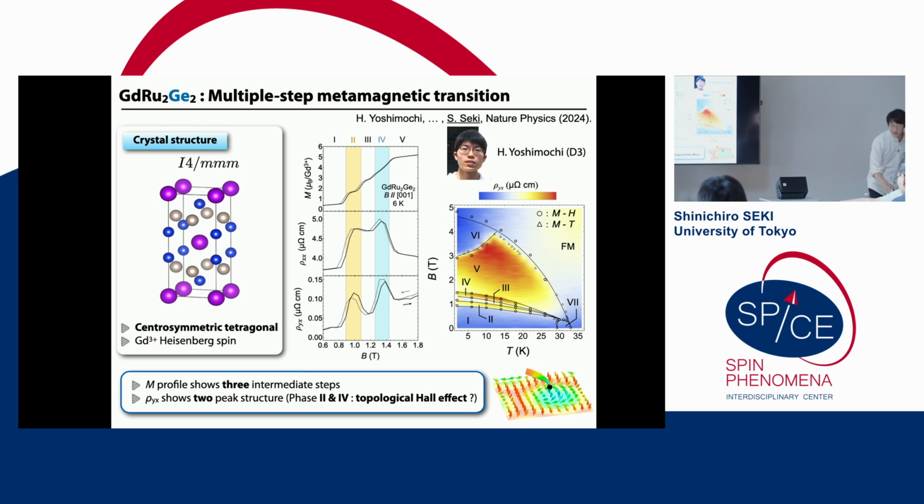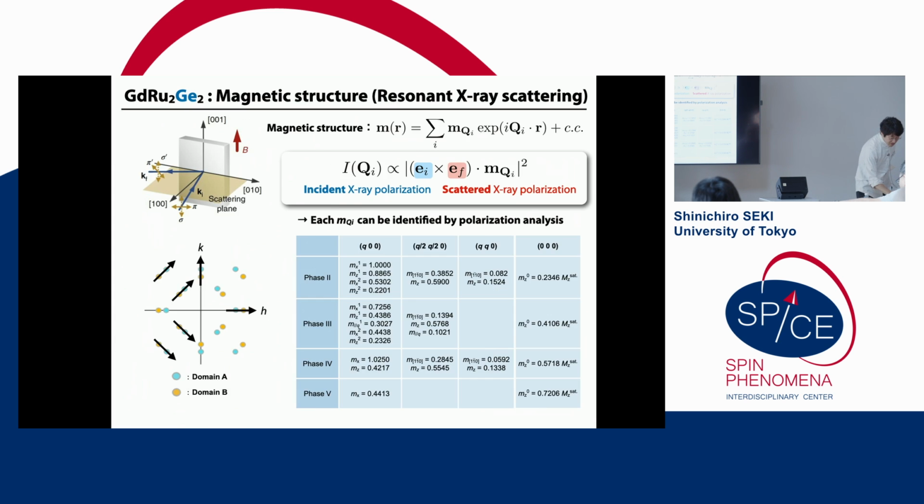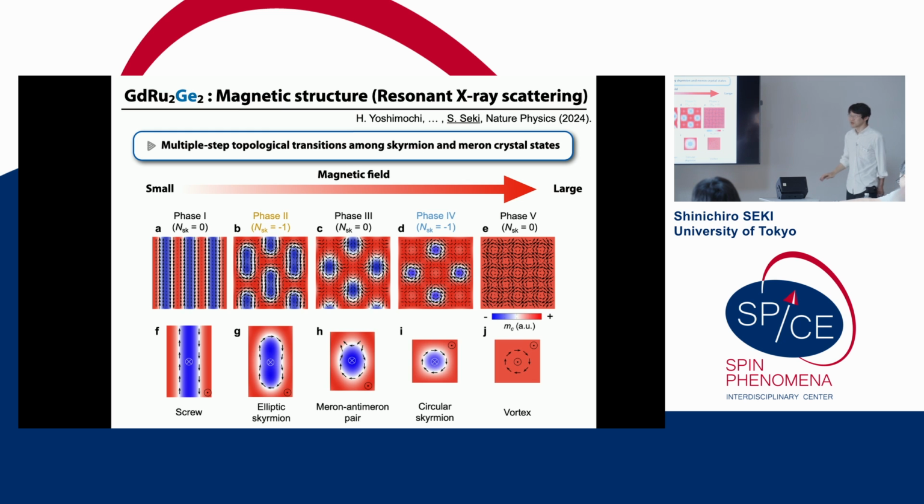Next, to identify the detailed magnetic structure in each phase, we performed intensive resonant X-ray scattering experiments. Today I skip the details, but our final conclusion is that in this compound, by applying an out-of-plane external magnetic field, a quite rich variety of topological magnetic transitions can be observed.